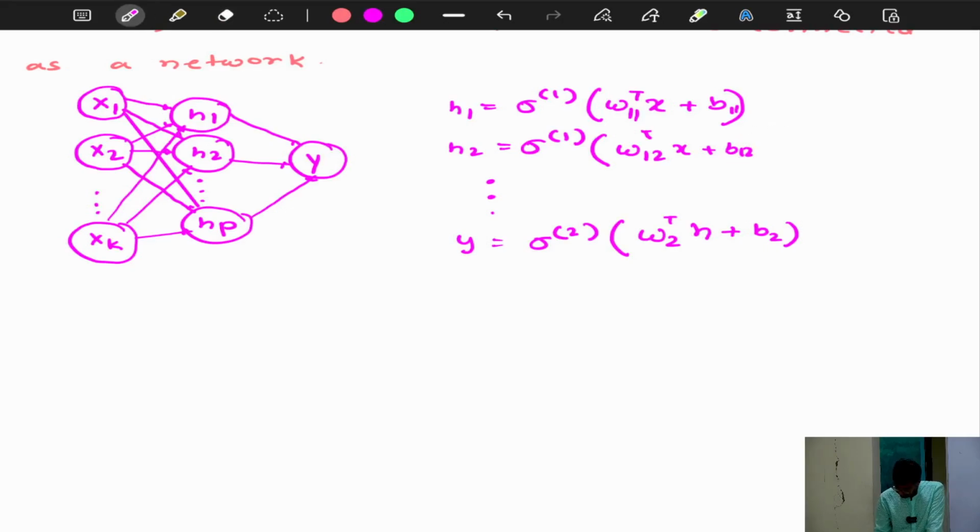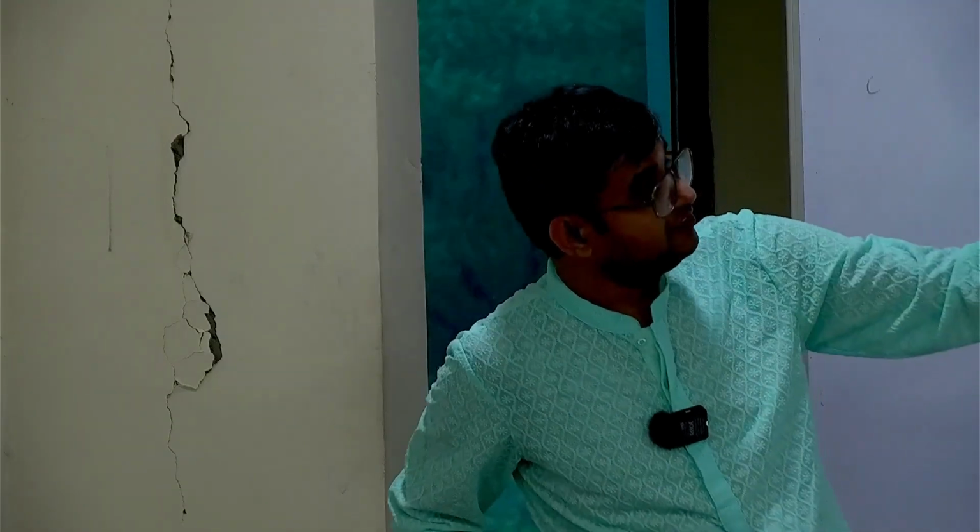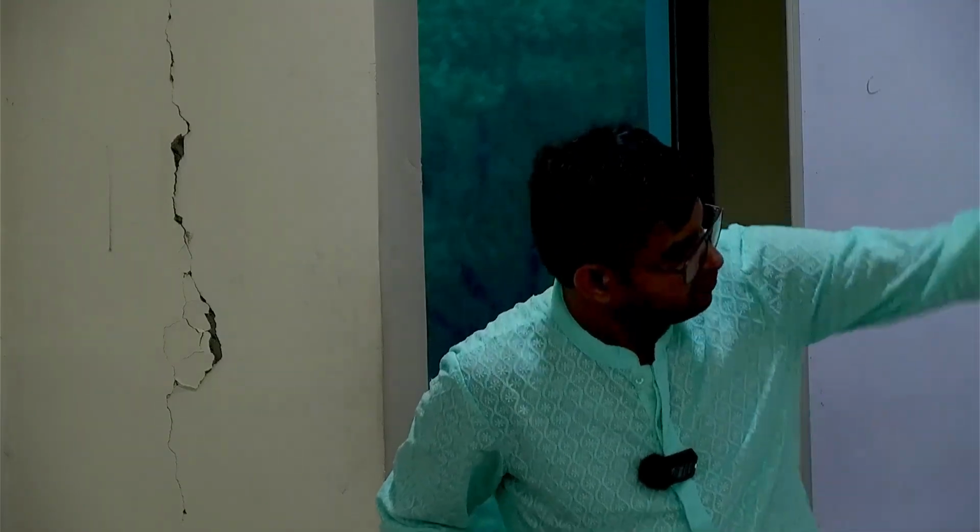Why W11? W11, good question. W11 is a vector. It is denoting that from x, I am calling this whole first layer x1, x2, xk as 1. So, W11 is denoting the connection between this first x1 to xk to h1. What is W12 denoting?